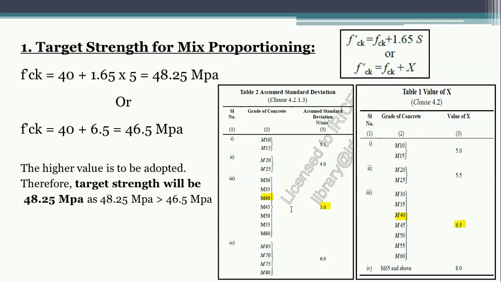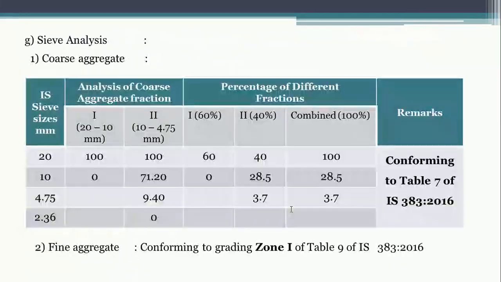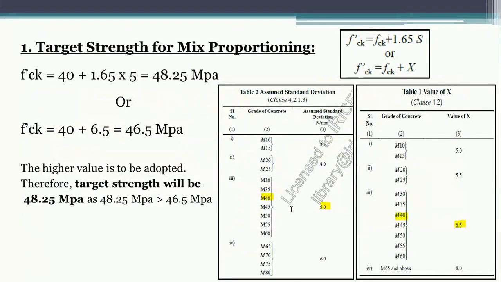So now we have to use both these formulas to get the target strength. So f dash ck is equal to fck. In the problem, we know it is M40. They have given in the problem as M40. So f dash ck is equal to 40 plus 1.65, which is the statistical constant. It is obtained from the normal distribution curve based on the characteristic strength definition.